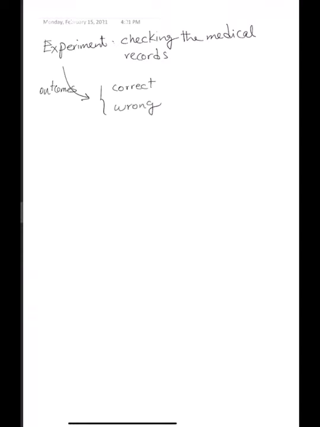Now, there is this person who is in charge of checking the medical records, and this person is checking 10 medical records. So if you look at part A, what is the probability that 7 out of the first 10 medical records are correct?